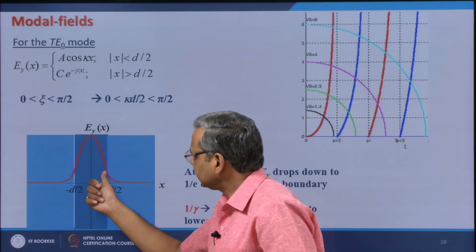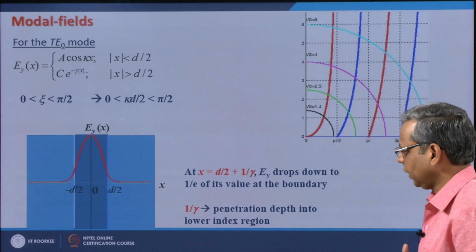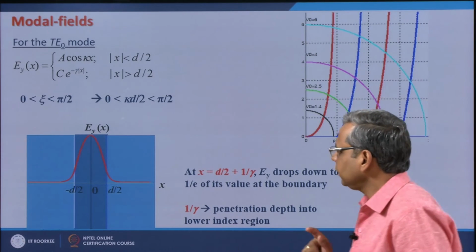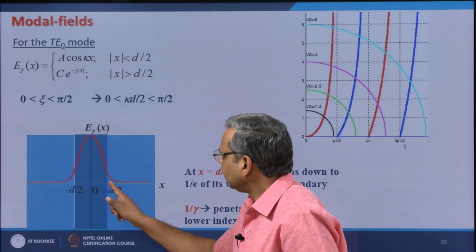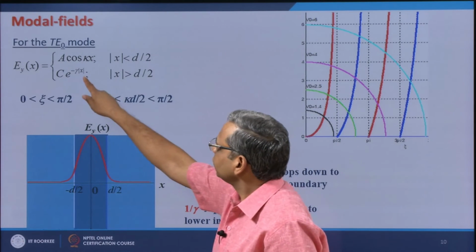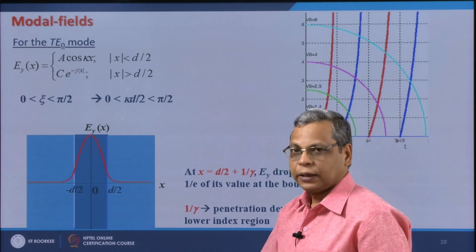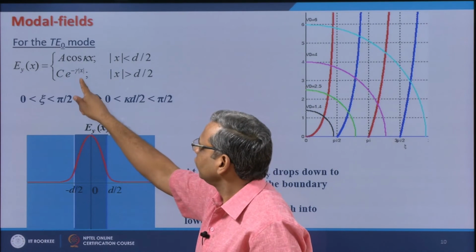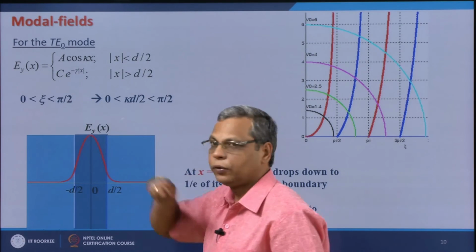How much does this extend into this region? I can quantify this. I find that at x equal to d by 2 plus 1 over gamma, because this field is going as e to the power minus gamma times x, at x equal to 1 over gamma, this field will decay to 1 over e of its value at the boundary.